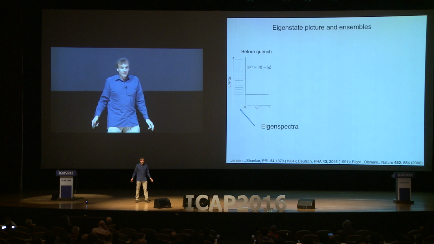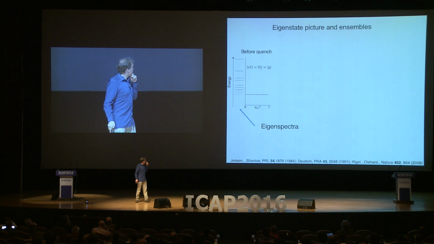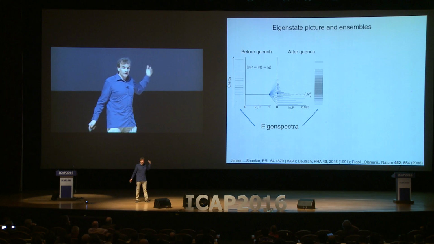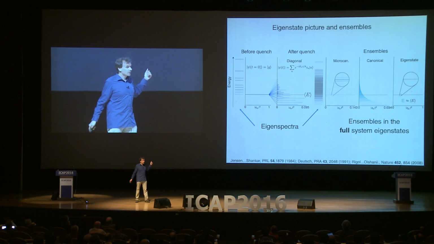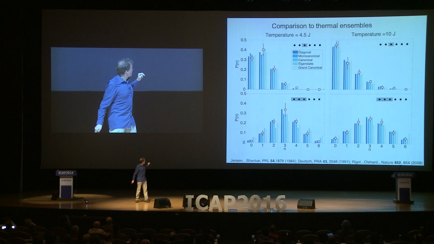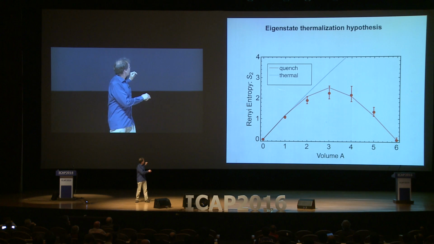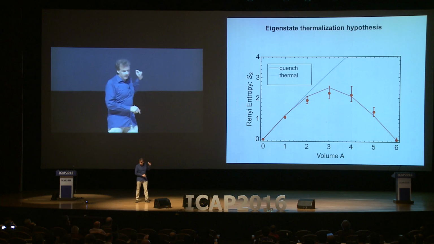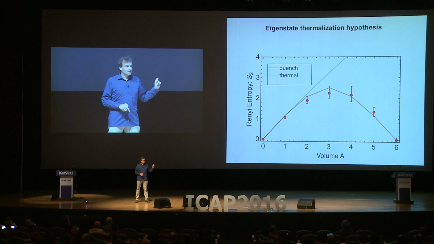Okay, I don't really have time to tell you about the physics behind it, but let me just mention that this can be explained by the eigenstate thermalization hypothesis, what I was just telling you about.